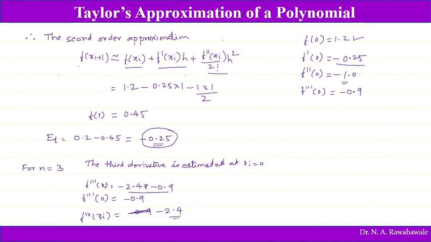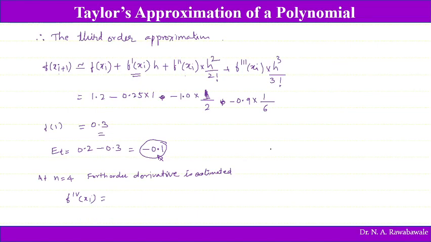If you substitute x is equal to 0, then also f fourth of 0 will be minus 2.4. So fourth order derivative is minus 2.4. Now we can find out fourth order approximation.